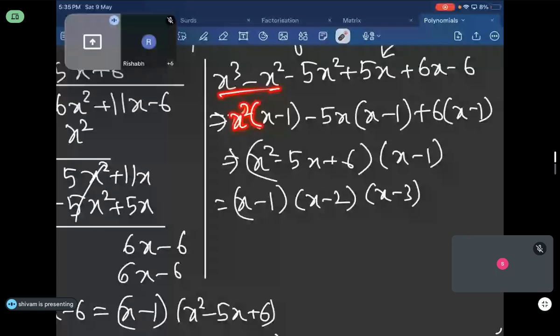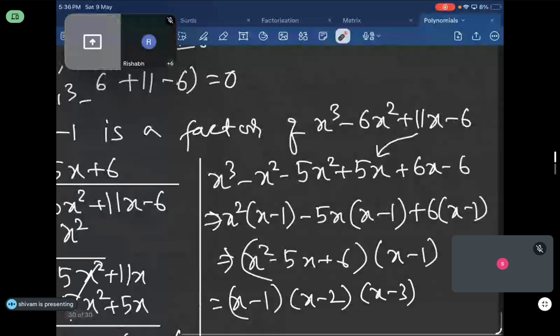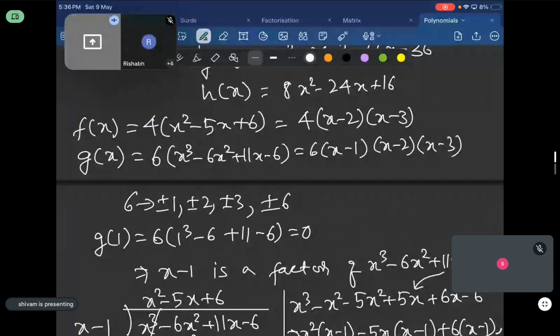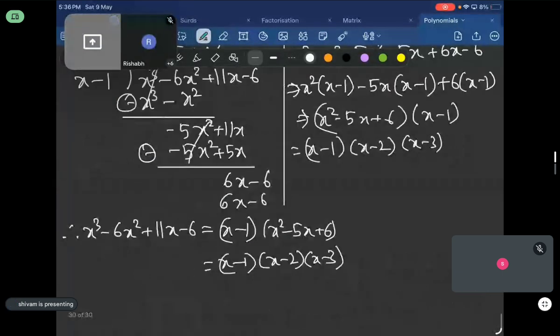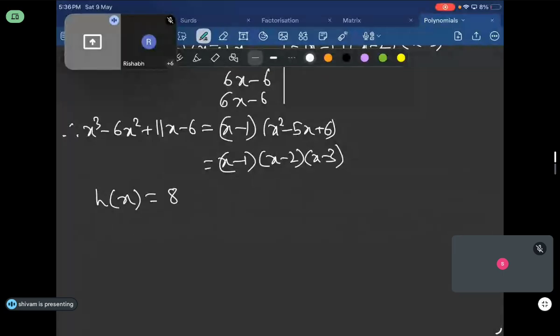Whichever method you like. So g of x will be equal to 6 into x minus 1 into x minus 2 into x minus 3. Now the last one is h of x. When you take 8 common, we have got x square minus 3x plus 2.